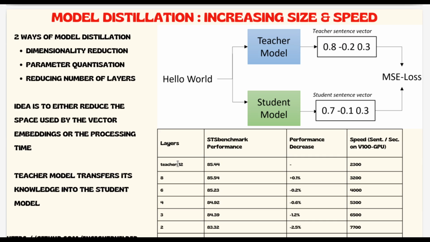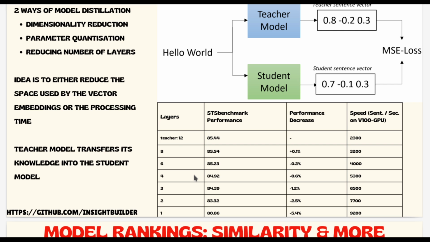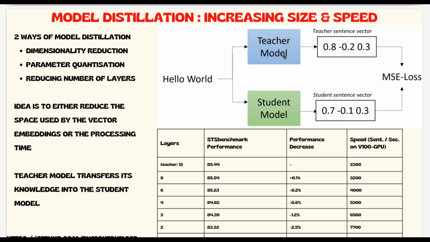The concept is very simple. There is a very detailed teacher model, designed with many deep neural network layers, and there is a student model, which is a small model with a lesser number of layers. Once the teacher model teaches the student model using neural network training, that student model is also able to give a very good result.